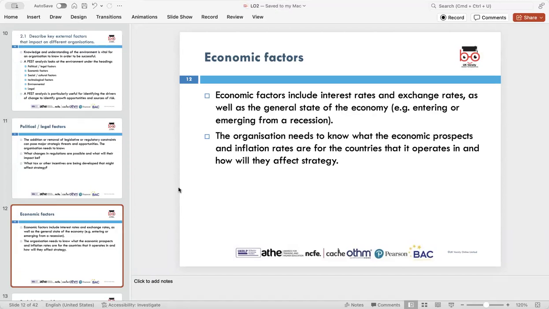So it is imperative for the company to possess a comprehensive understanding of the economic prospects and inflation rates of the nations in which it works, as well as the strategic implications that these factors will have.